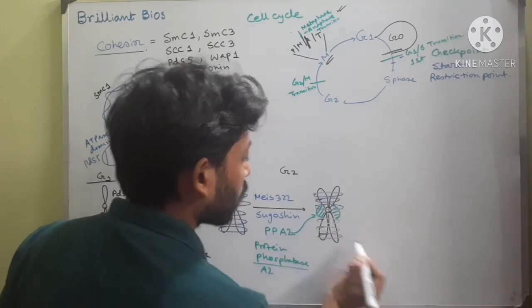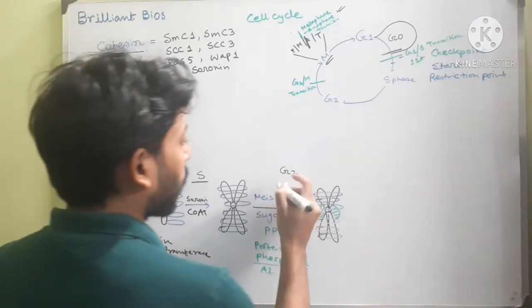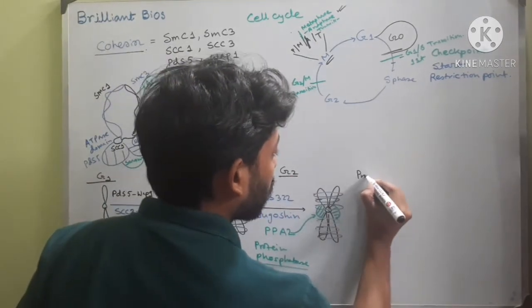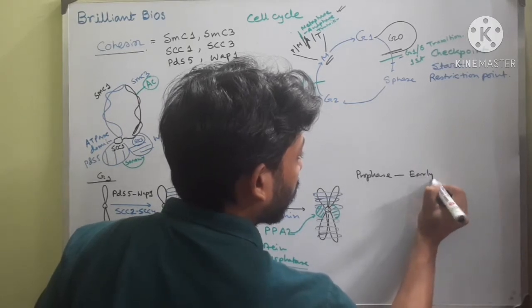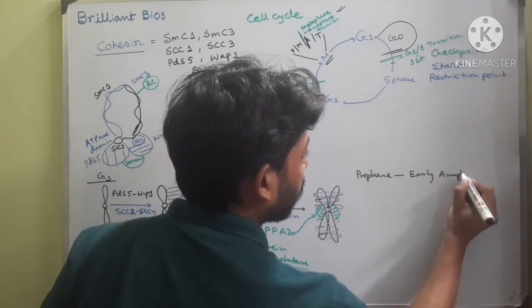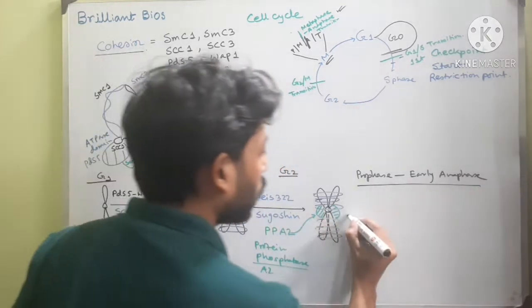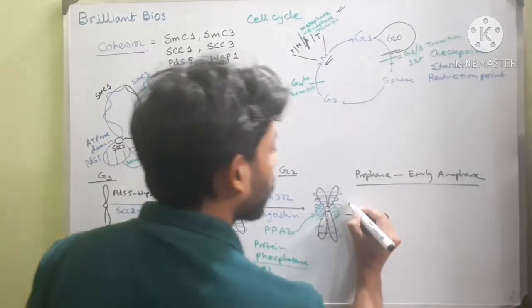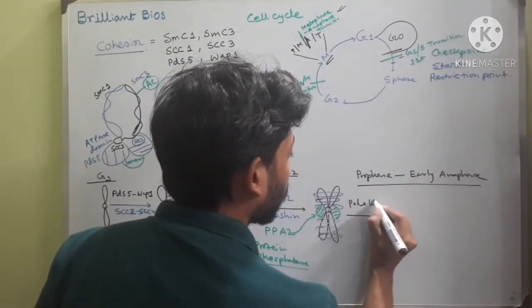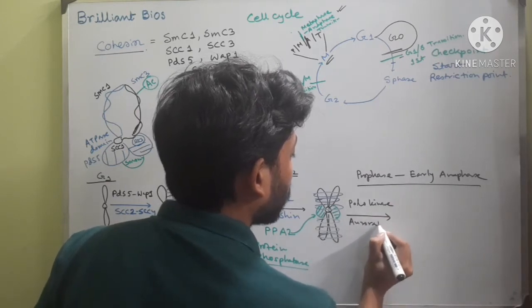But in the prophase to early anaphase, in this period, two molecules perform a very important role. The molecules are called Polo kinase and Aurora B kinase.